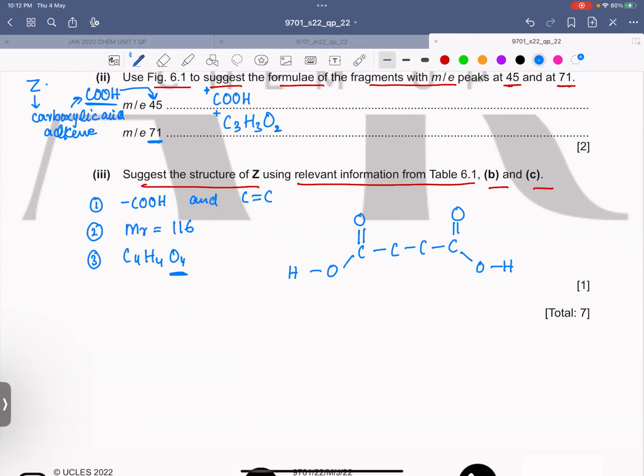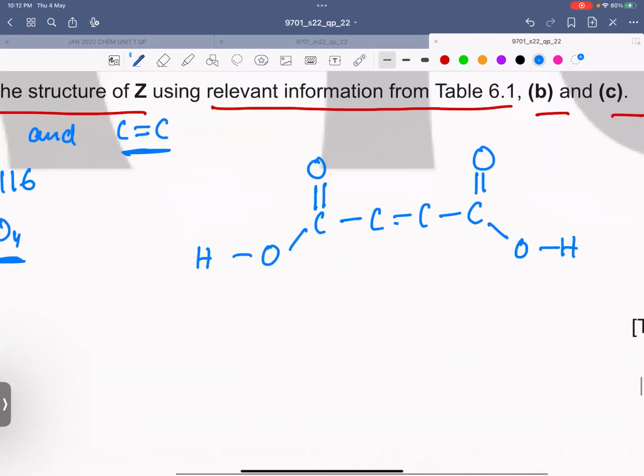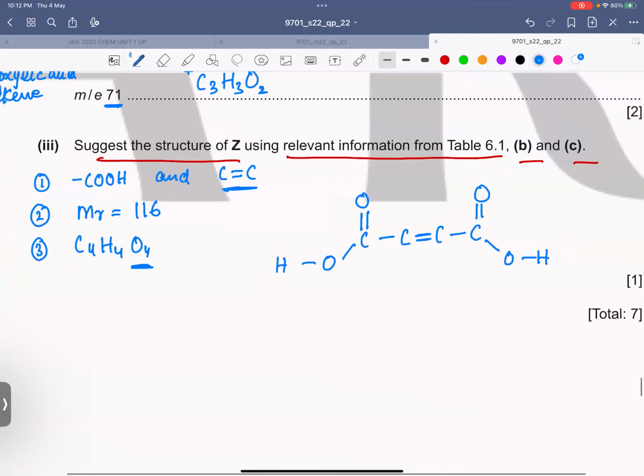There is an alkene double bond as well. So for that double bond, these 2 carbons are left, so I would put a double bond over here. Now those carbons where I have put a double bond have 1 bond less, so there must be a hydrogen on those 2 carbons, each carbon having 1 hydrogen.